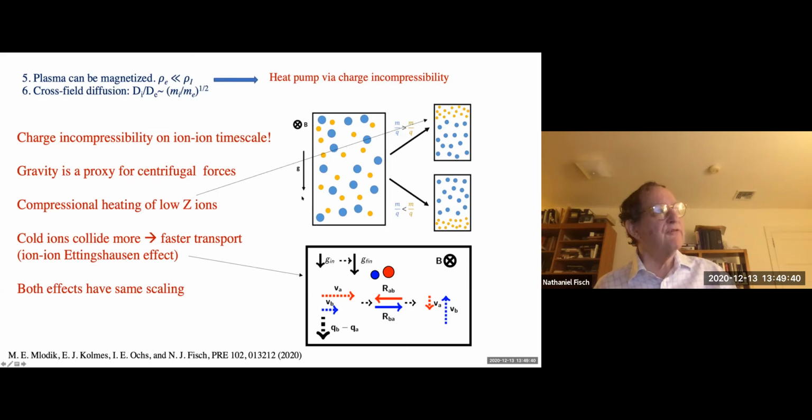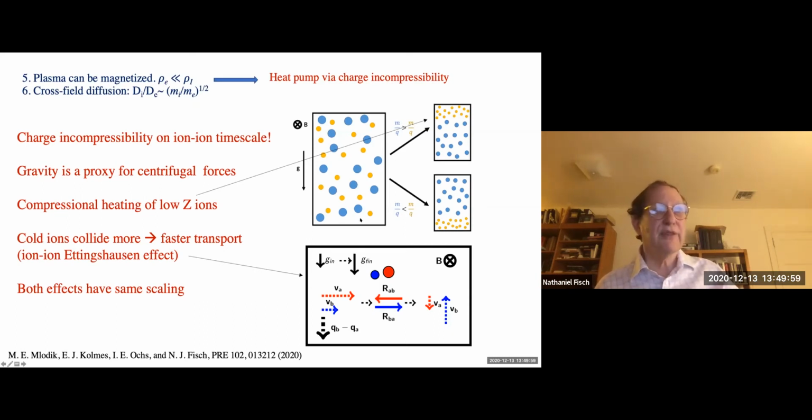I mean a centrifugal field, but it's the same as a gravitational field. Then I can get a very curious sedimentation where the heavy particles could go to the top and the light particles could go to the bottom. It all depends on the charge to mass ratio. It could go in either direction.